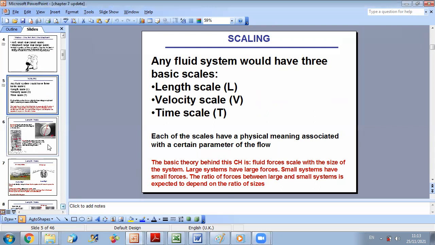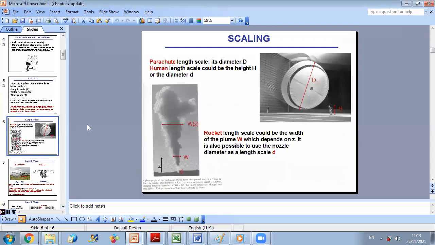So for example, we can consider, let's say, if we want to perform an experiment to assess the behavior of the expansion of a gas, as you can see in this figure. Okay, here you have a very large scale.